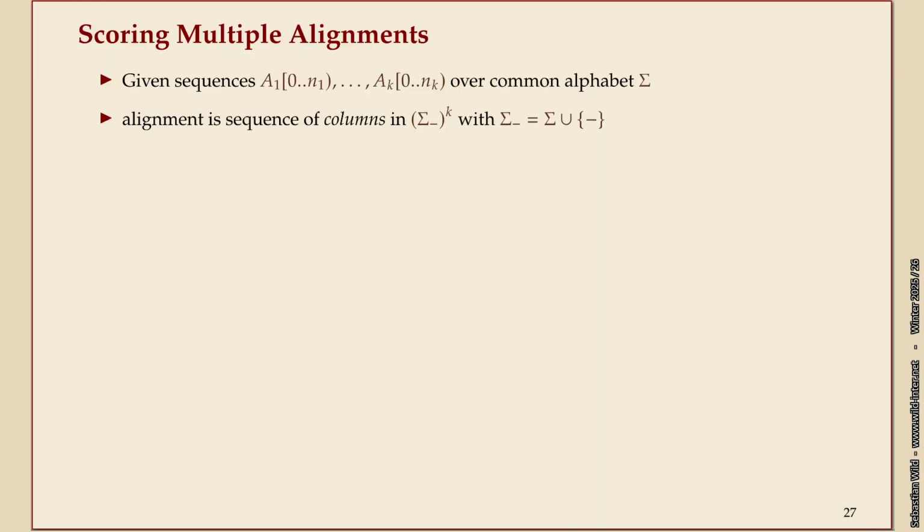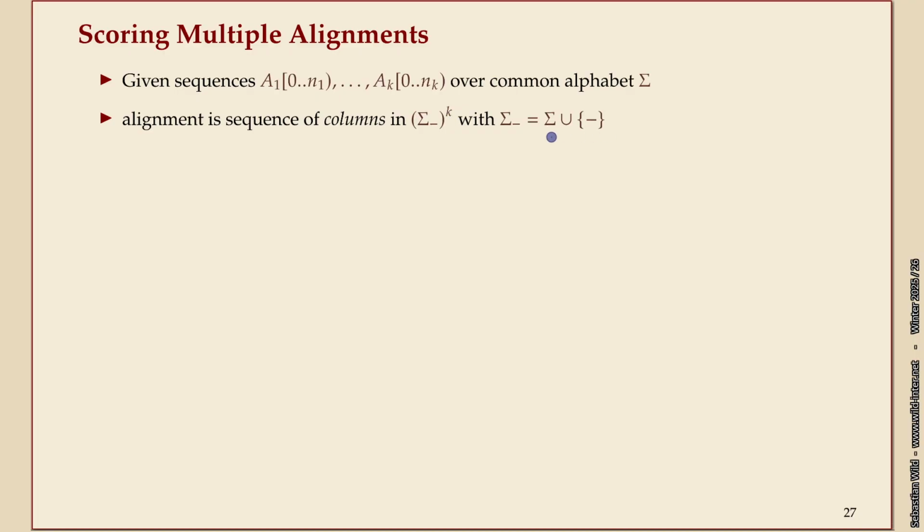For us, what changes from the previous part in this chapter is we have K sequences instead of just 2, again over some alphabet. They may be of different length. We'll, for the analysis, often assume they're the same length just to keep notation simple, but you can definitely deal with whatever lengths. An alignment, now it used to be columns, two letters in a column where you could have a gap symbol. Now there's K of these.